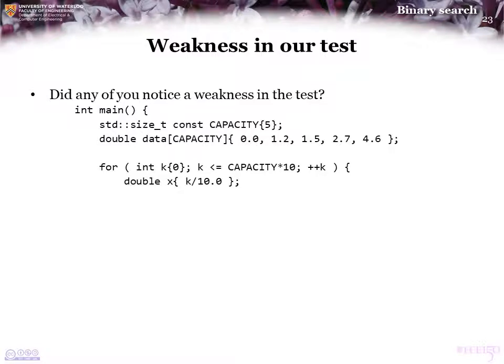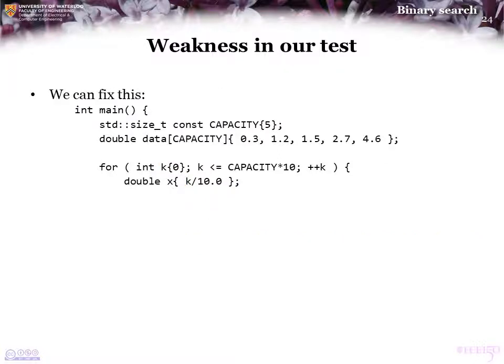Now, did any of you notice a possible weakness in the test we ran? Well, if you take a look here, we never actually search for a value less than the first entry of the array, because when k is equal to 0, x equals 0. So we never actually test for something that is not less than the first entry of the array.